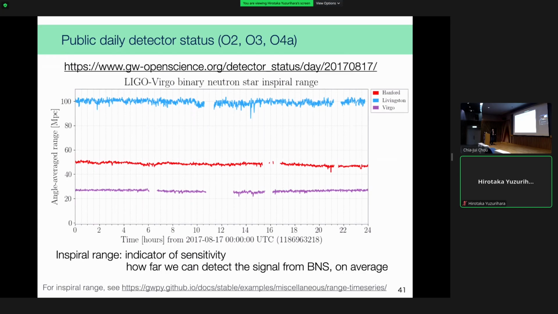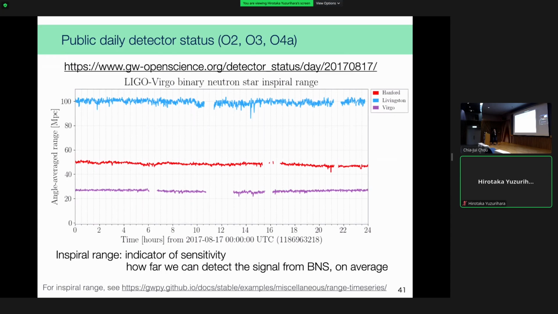It indicates how far we can detect the signal from a binary neutron star on average. For example, in the case of Livingston, at that time they could detect binary neutron stars within a sphere of 100 megaparsec on average.